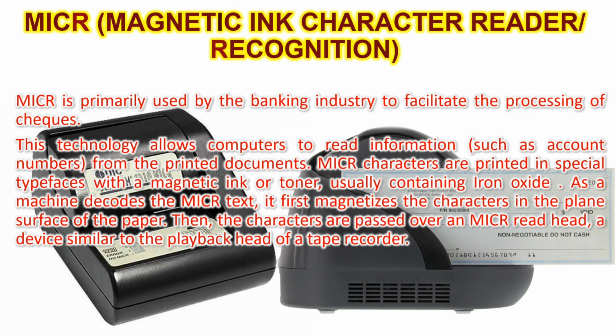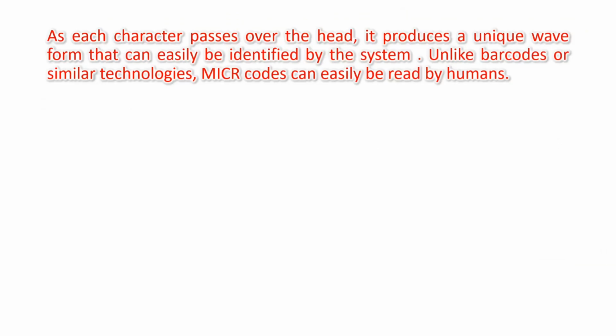Then the characters are passed over the MICR read head, a device similar to the playback head of a tape recorder. As each character passes over the head, it produces a unique waveform that can easily be identified by the system. Unlike barcodes or similar technologies, MICR code can easily be read by humans.